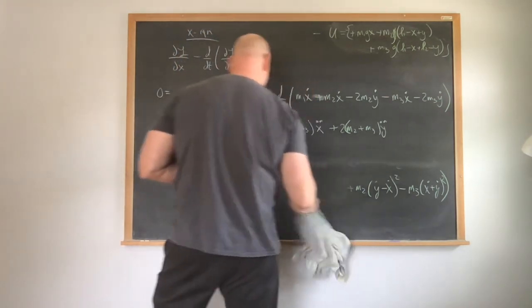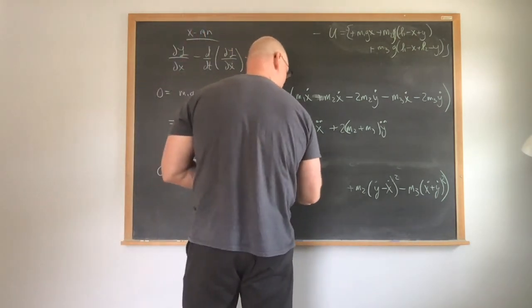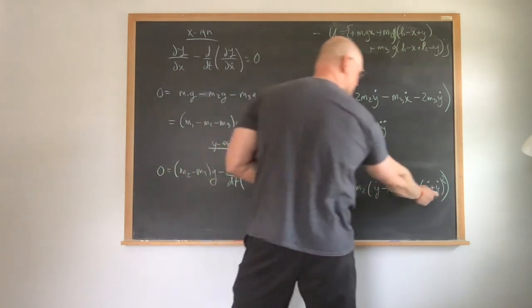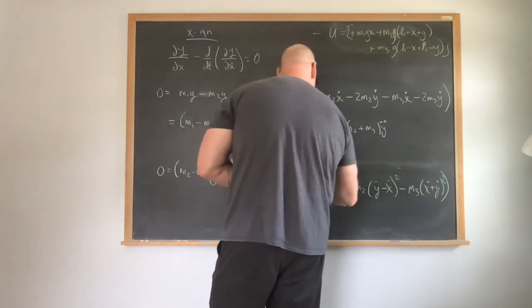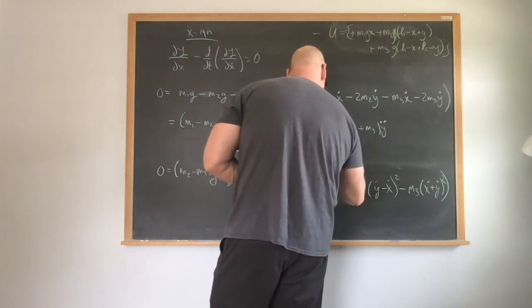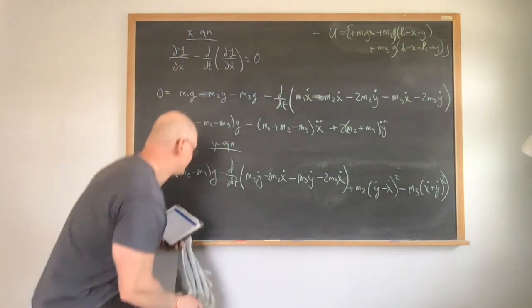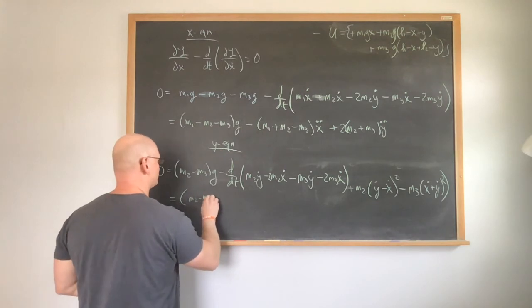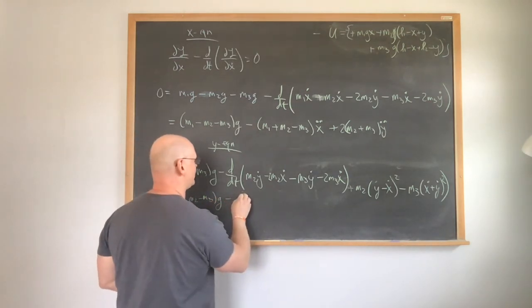Good, get rid of this now. And then finally from the last term, I'm going to get a minus m3 times y dot. That comes from squaring this term. Again, that first term is going to go away. Now I have the cross term, so I get a minus 2m3 times x dot. So putting everything together here, we get (m2 minus m3) times g minus, so in this case, I get a what?